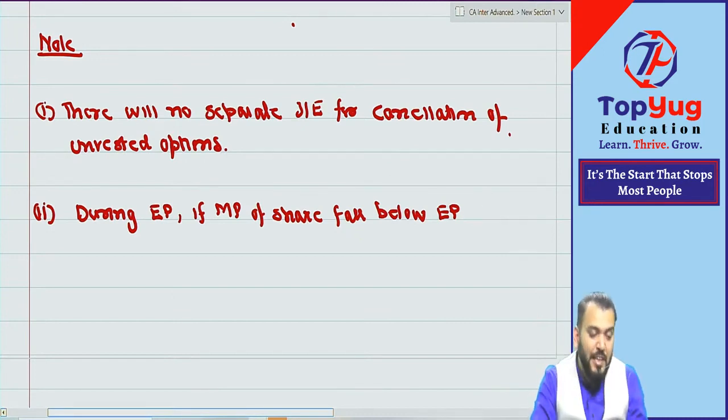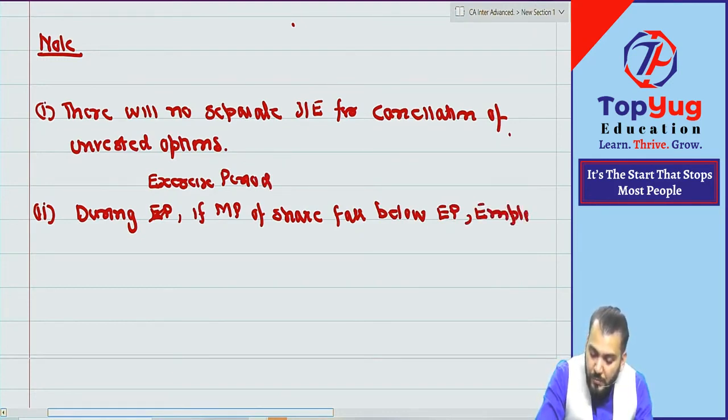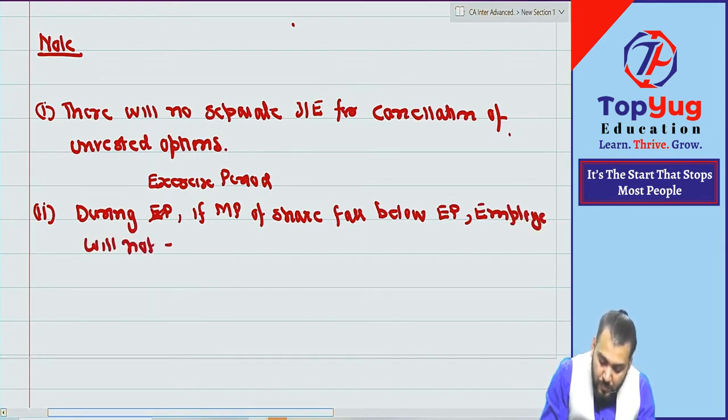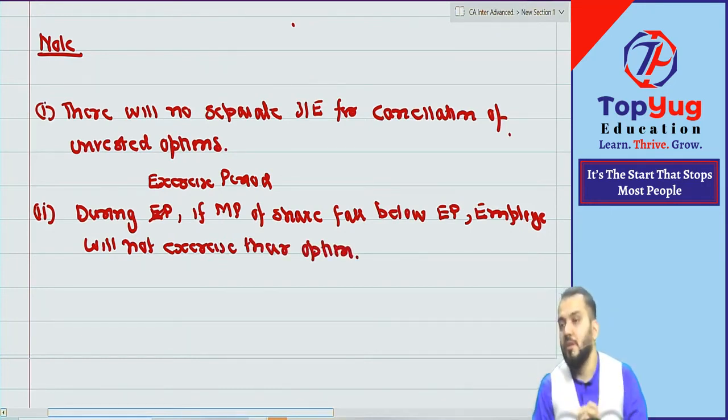So during exercise period, if market price of shares falls below exercise price, employee will not exercise their option. Understood? Correct. All the points done.